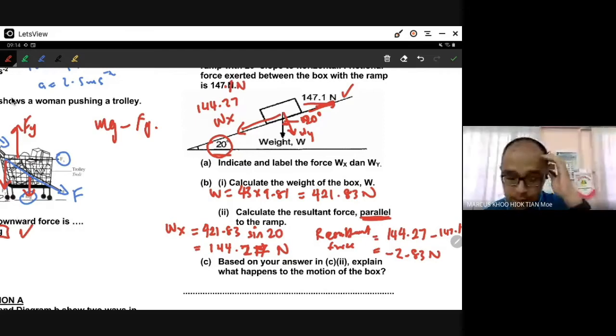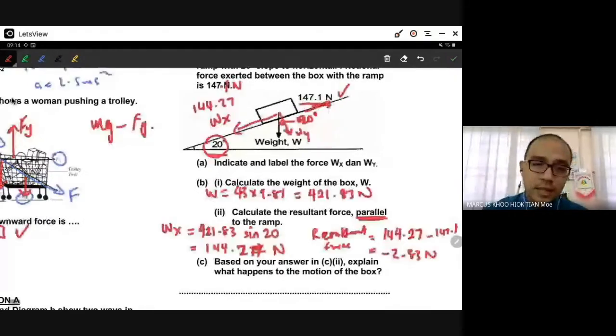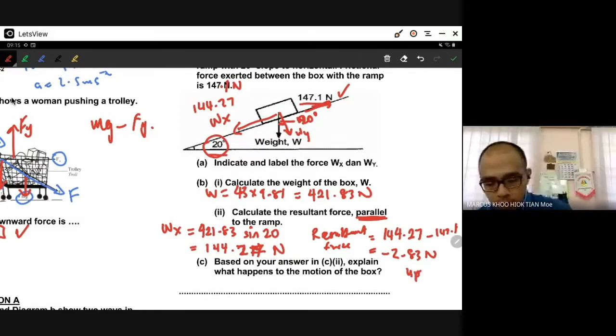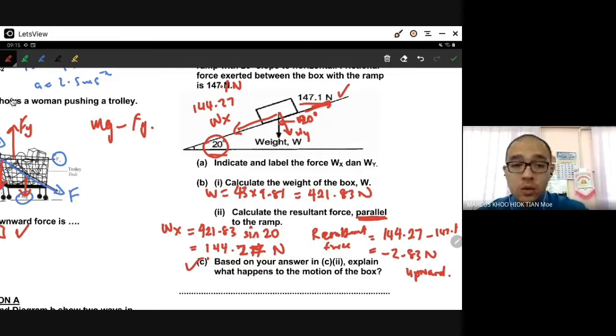Can somebody tell me this resultant force is in which direction? Upwards or downwards? Upwards. Okay, it's going to go upwards. But, and this is where the last question is, based on your answer in C2, explain what happens to the motion of the box. So you have to tell me what happens, and then you have to explain it.